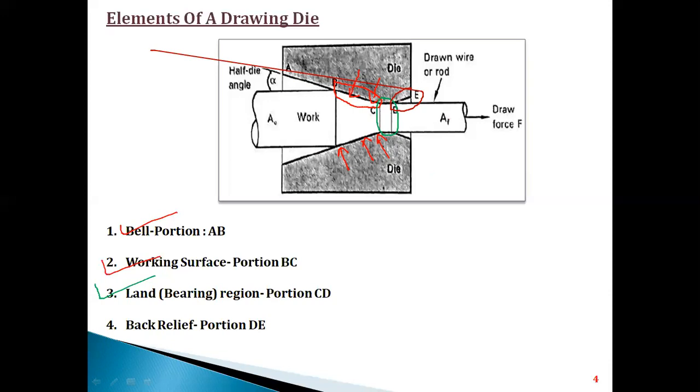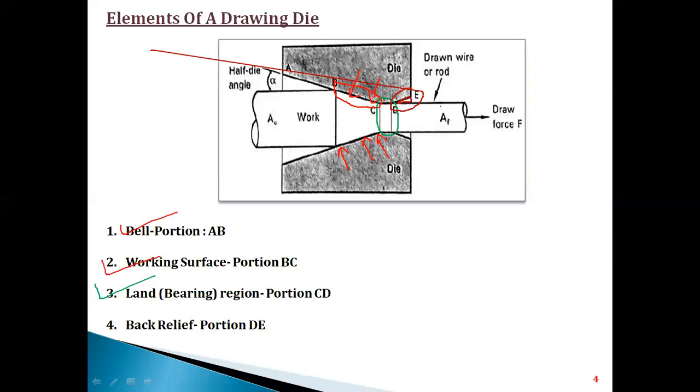If you don't provide this gap here, then the metal will not expand freely and the surface finish will be destroyed. So to get a good surface finish, we have to provide a gap in such a fashion that there is some back relief developed, so that when the work metal is leaving the die, it expands slightly.